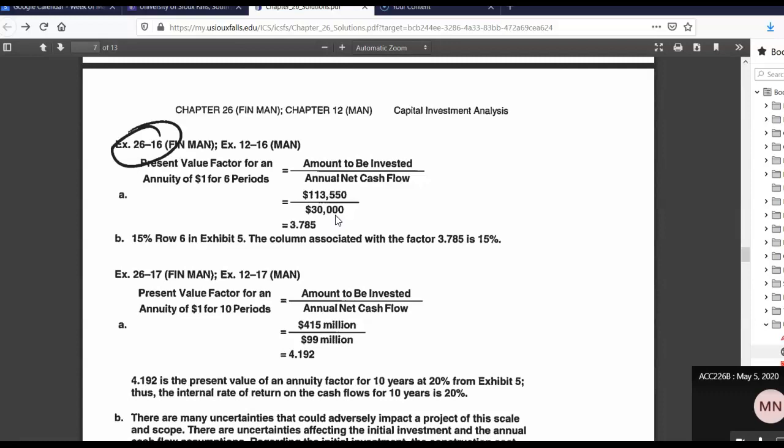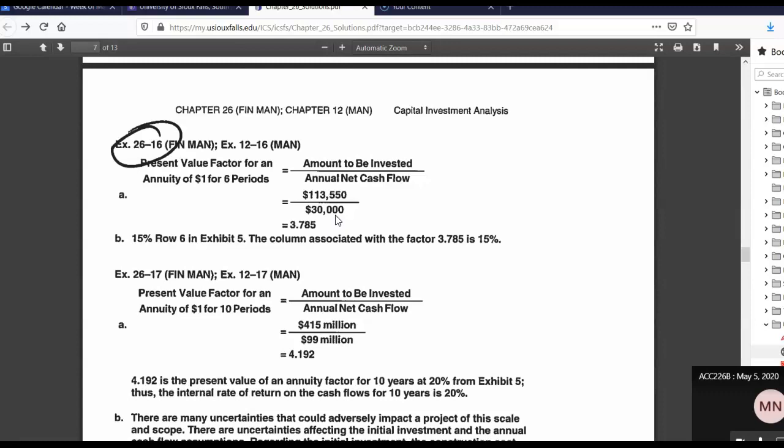And I would say, please do this one with me so you see how this works before you get to the test. So you go to exhibit 5, you scroll down to period 6, row 6, scroll to the right until you find that factor. And then when you do get that factor, point up or look up, and it aligns to 15%.